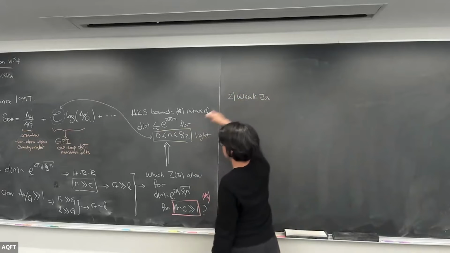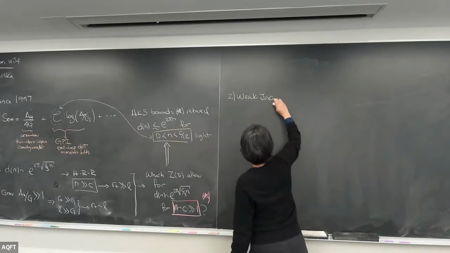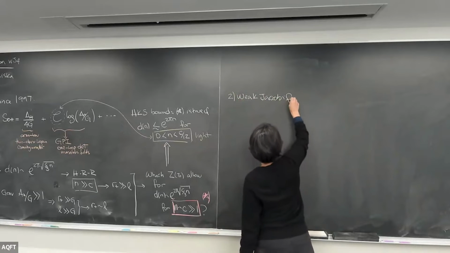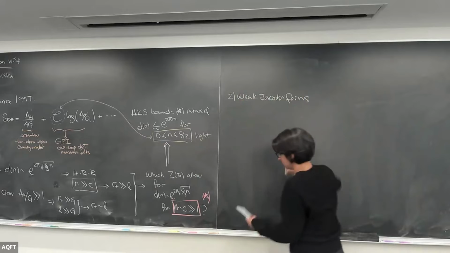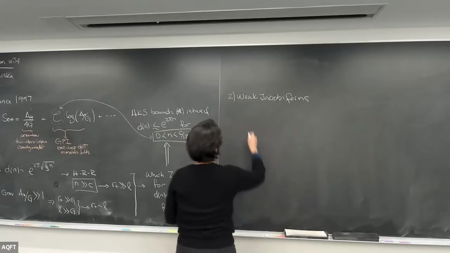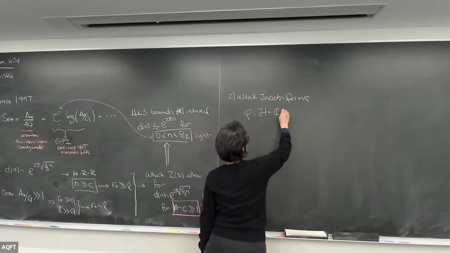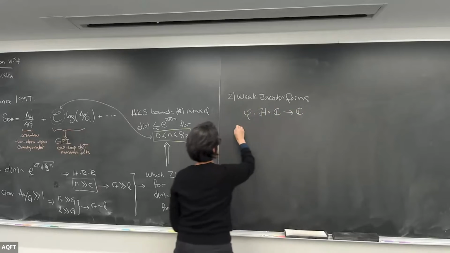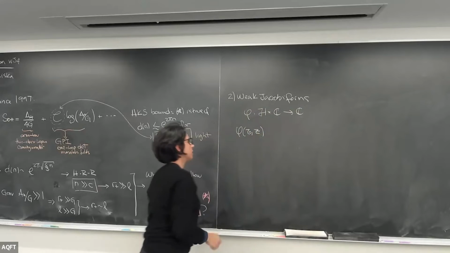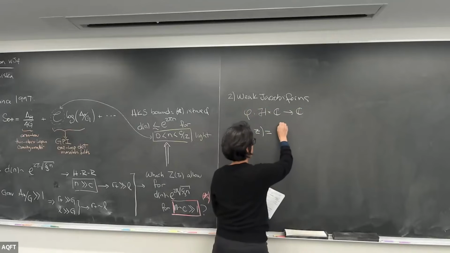In order to answer this question of what the relationship is between these two things, let's look at weak Jacobi forms, okay? So these are forms that basically go from the upper half plane times the complex plane to the complex numbers, meaning now I'm going to have two variables, tau and z. So tau is in the upper half plane, z is the complex variable.